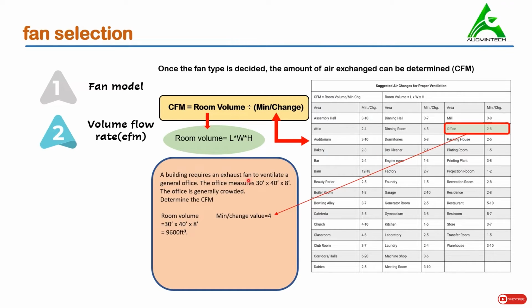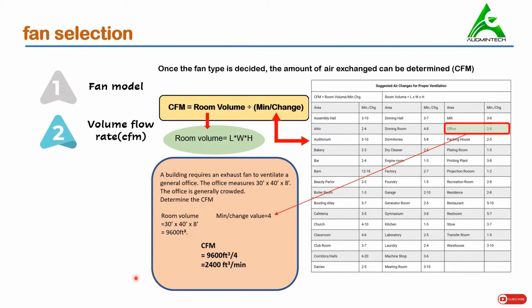Since it is mentioned that the office is generally crowded, we'll take a suitable value of minutes per change, that is 4. And now by using this main formula, we can find the CFM requirement for this situation to be 2400 cubic feet per minute. So now a fan is required that can move 2400 cubic feet of air every minute.